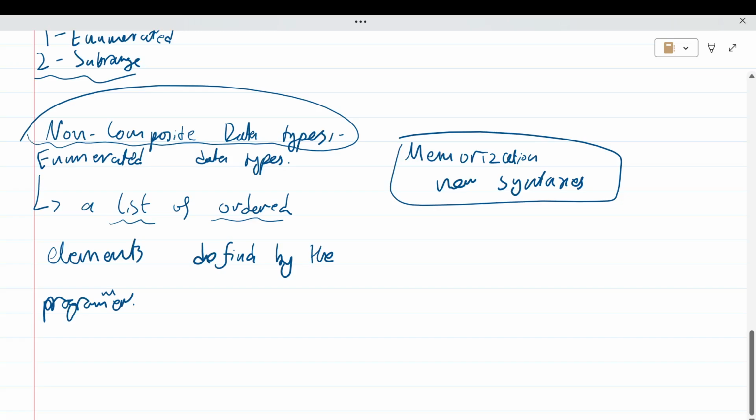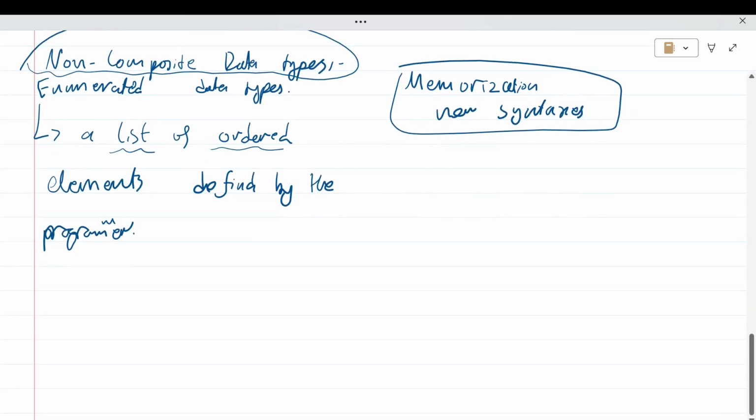Okay, so the syntax for it is, first of all, you write TYPE in all caps. That is the first thing, and then you write the variable name.